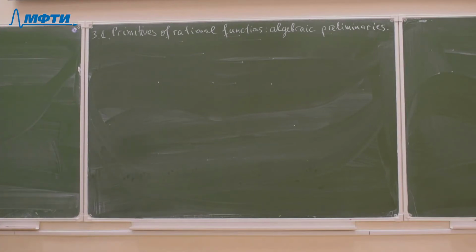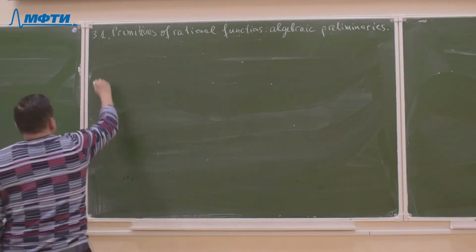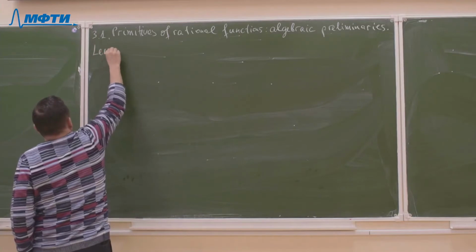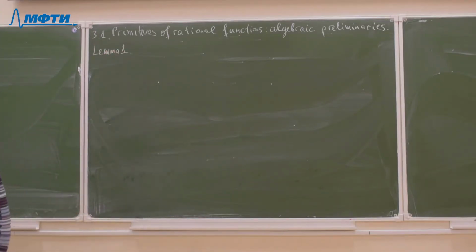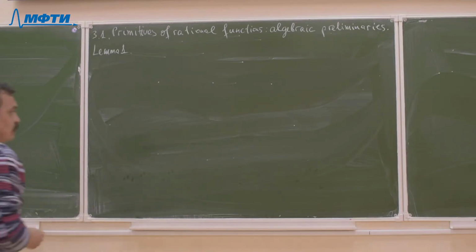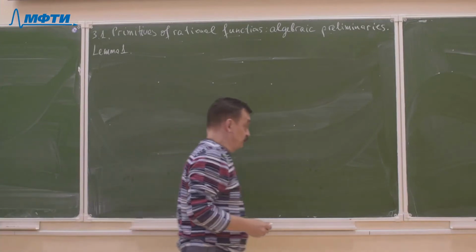I'll start with a lemma, which explains how to divide one polynomial by another polynomial.